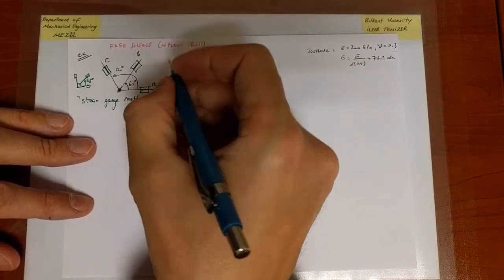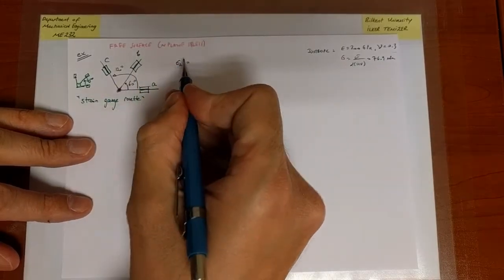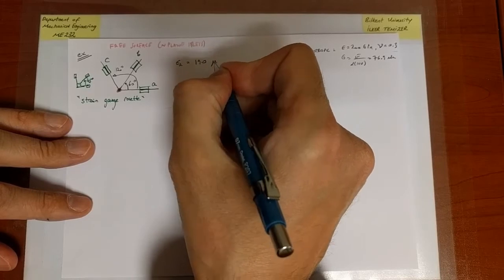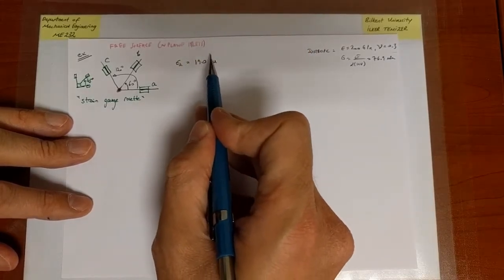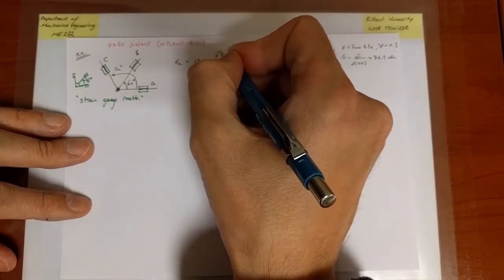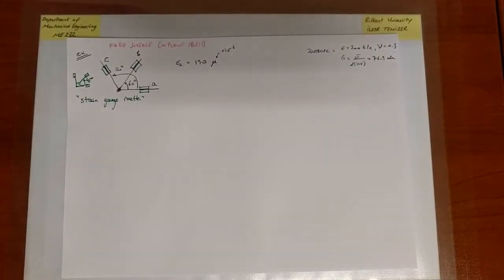And the question is, well, suppose I measure the normal strains. Epsilon A, the strain gauge A, delivers a measurement of 190 microstrains. This is one way to denote it. I could write 190 times 10 to the minus 6. Remember, it's not microns, that would really mean a micrometer.